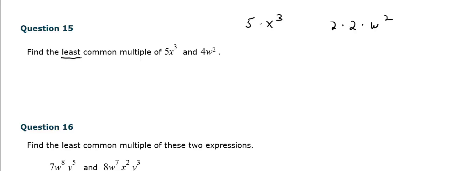Now again, we use every factor the most times that it occurs. So 5 occurs once, so we use one 5. 2 occurs twice, so we use two 2's.